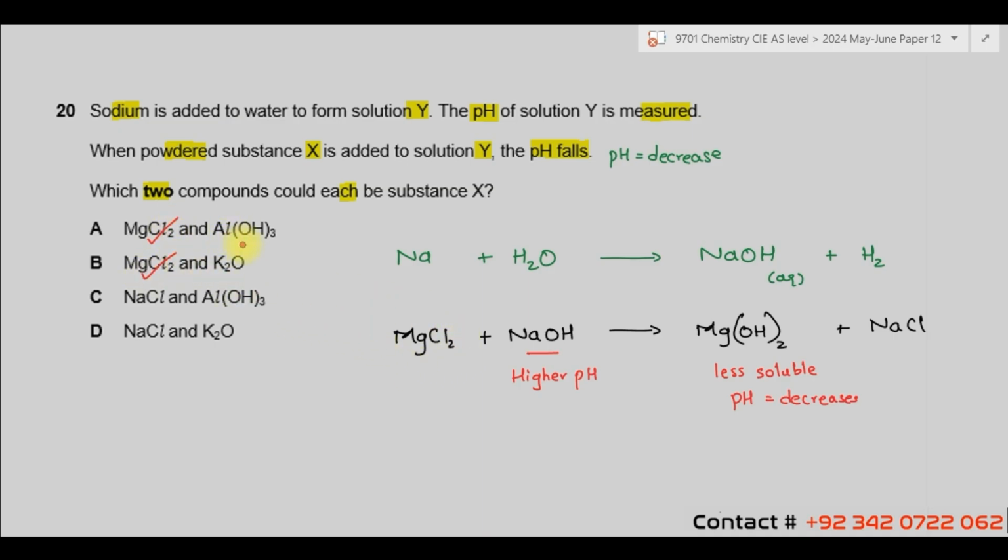Let's look at aluminum hydroxide. Aluminum hydroxide is Al(OH)3. It can react with sodium hydroxide to form the NaAl(OH)4 complex. Sodium hydroxide was more soluble with higher pH, and this is less soluble, so pH decreases, because hydroxide ions are now decreased.